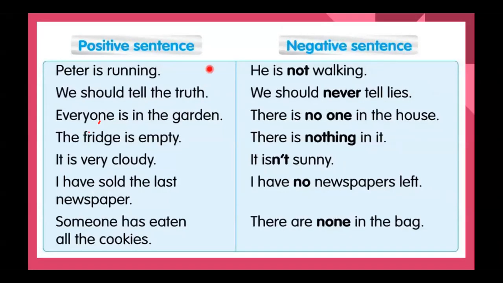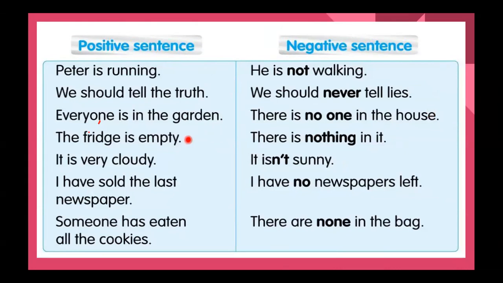Now, Sister Noorjahan, read out positive and negative sentences. Yes, ma'am. Positive sentence. Peter is running. Negative sentence. He is not walking. We should tell the truth. We should never tell lies. Everyone is in the garden. There is no one in the house.